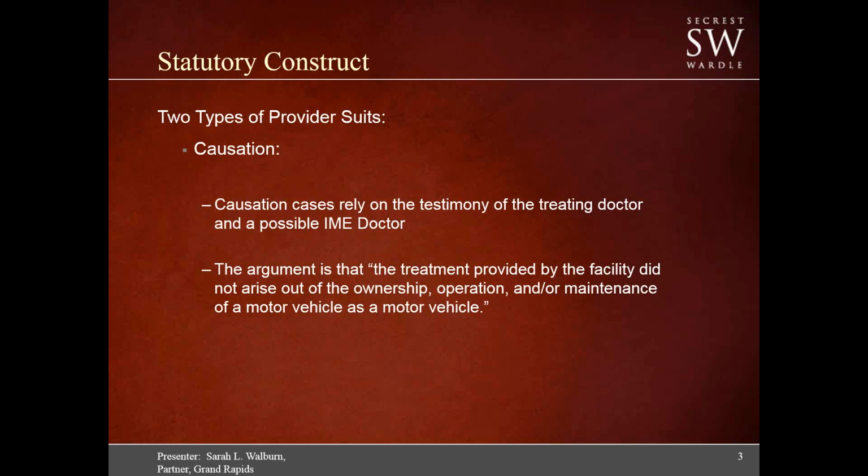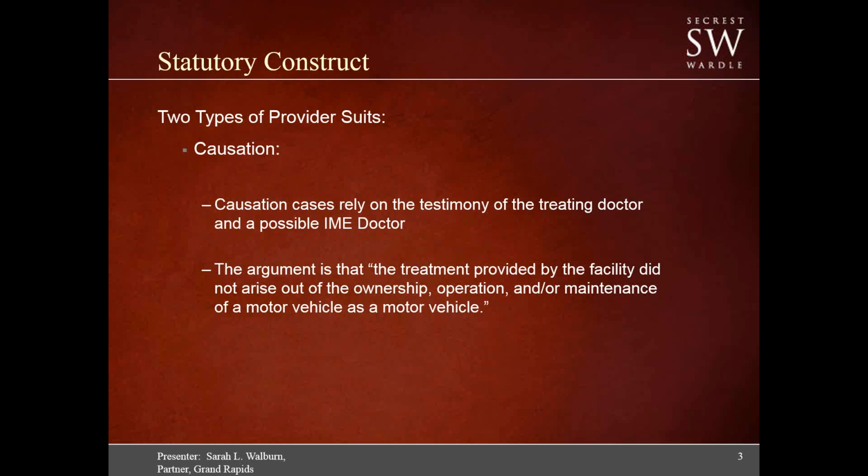All right, the next slide here, two types of provider suits. We have causation generally, and we have reasonable and customary. Causation cases rely on the testimony of the treating doctor or doctors, and usually an IME doctor of ours. The argument is that the treatment provided by the facility did not arise out of the ownership, operation, maintenance of a motor vehicle as a motor vehicle. This is what we most commonly see.